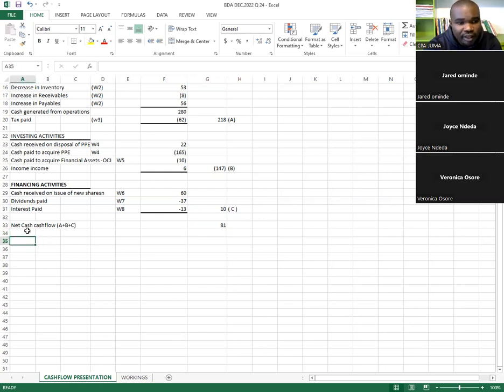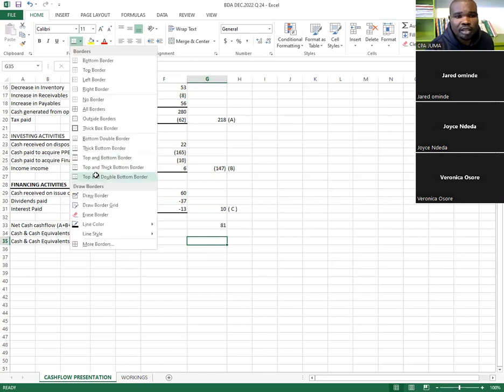Then you come here and say cash and cash equivalents brought down. Then you wind up with cash and cash equivalents carried down. So that will be our final there.